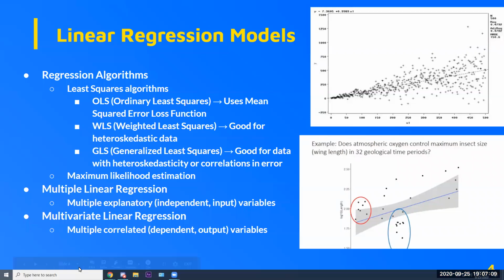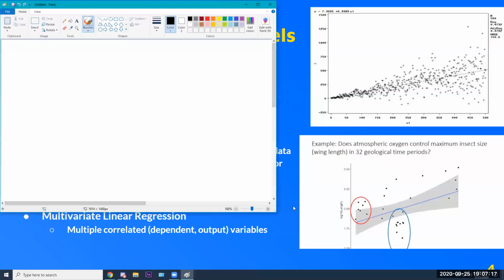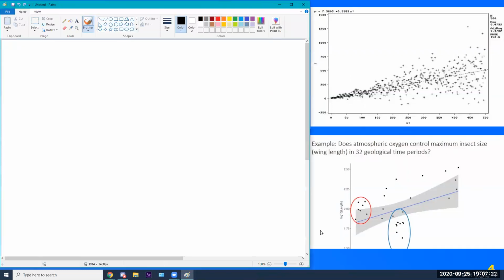heteroscedasticity. Let me pull up Paint. The scedasticity of a data set is basically how much variance there is in the data points. If you have a data set, let me draw an example here.